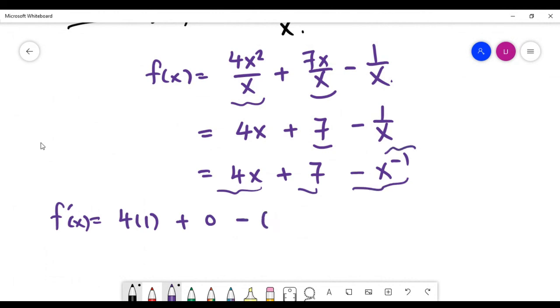Minus, I pull out the power, minus 1 up here, and the power itself becomes minus 2, because you need to decrease minus 1 by 1. So it's going to be minus 2, right? And it means it's the same as 4 plus x to the power minus 2, which is the same as 4 plus 1 over x squared. So that's the derivative f prime.